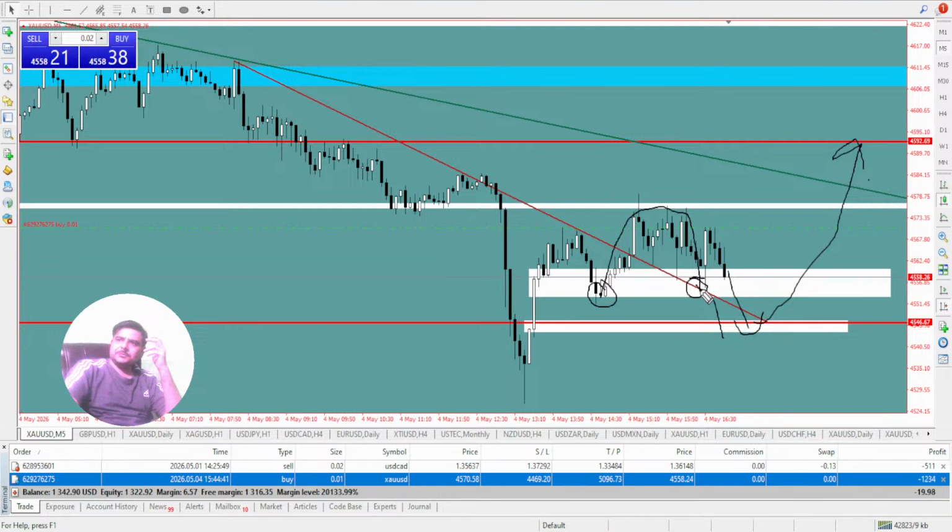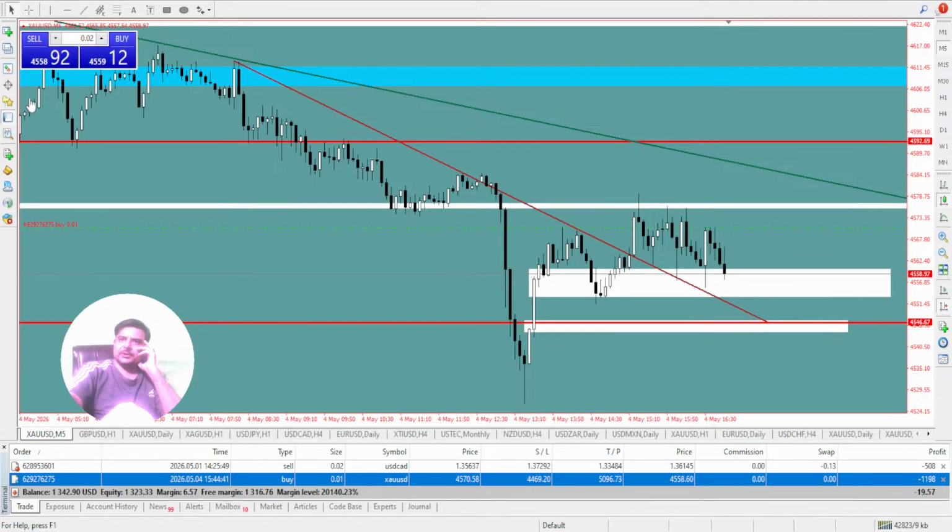On this pattern there is no doubt liquidity right here, full of liquidity. I'm just waiting to see how this market reacts if it reaches here, because if it doesn't react right here I might not be interested in this swing position then.